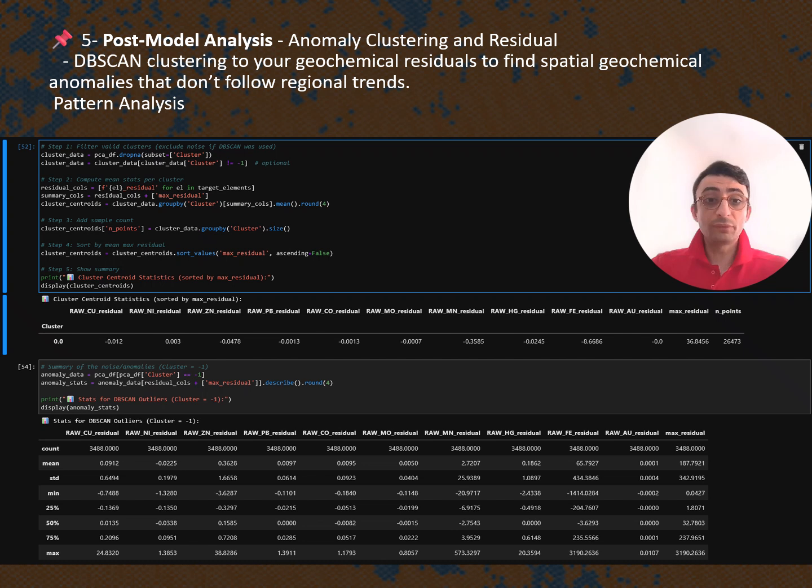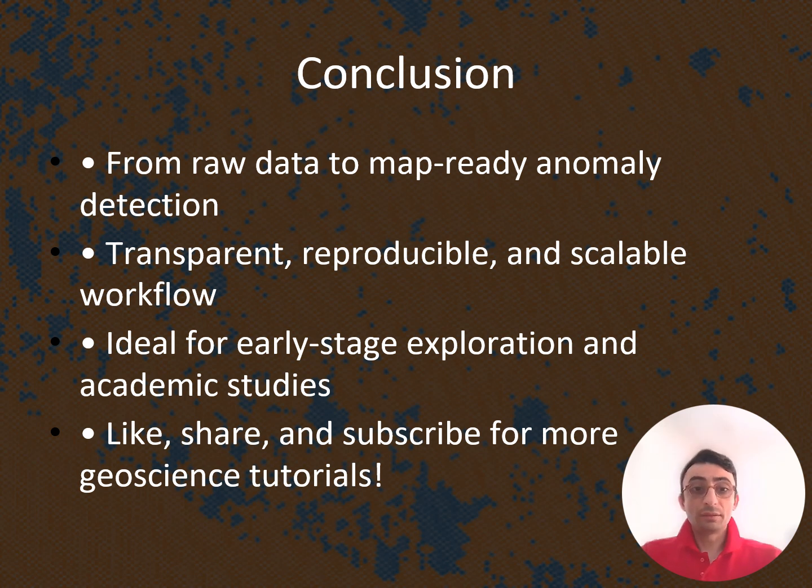The maximum residual for group 0 is 36, and the maximum residual for group -1 is 187. So we can say that group -1 is the real anomaly, just from looking at the statistics in the table.